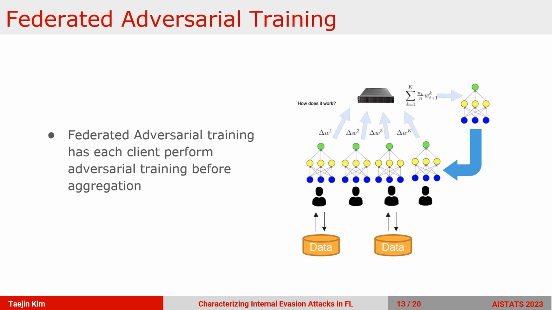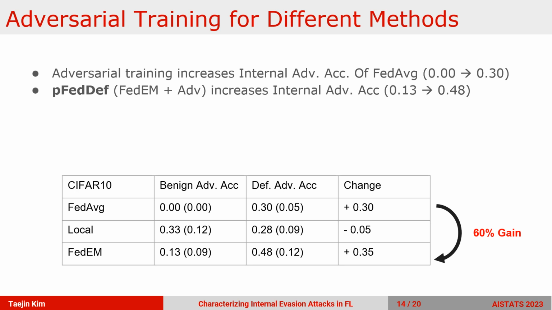Federated adversarial training combines adversarial training with federated learning. Clients perform adversarial training before aggregation. They have to make their own perturbed data to train over. We perform empirical evaluation, given each of the distributed learning methods when combined with federated adversarial training.